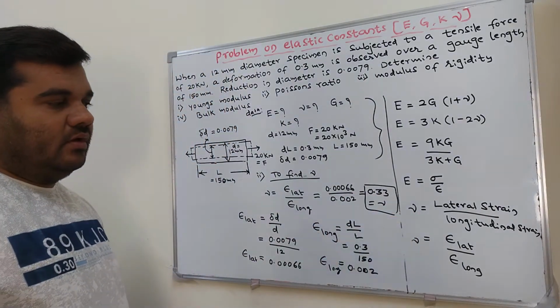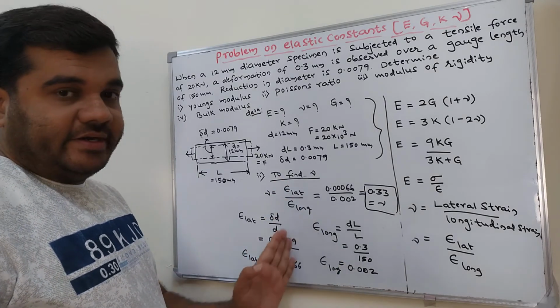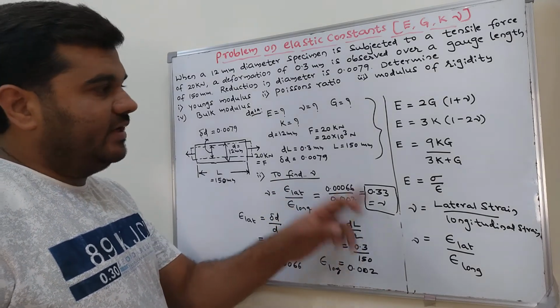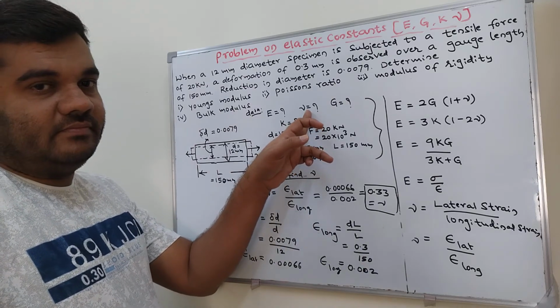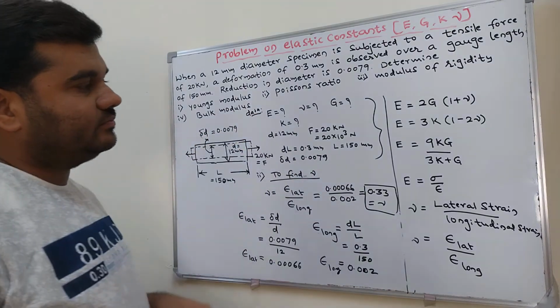So we used the general formula, calculated both values, substituted, and got the Poisson's ratio. Now we found the Young's modulus and Poisson's ratio.